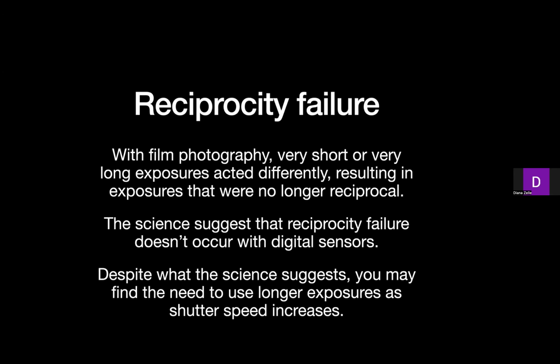So if you start using longer exposures and you say, okay, I did a 10-second exposure and I want it to be brighter by a half stop, logic dictates that a 15-second exposure is going to do that. Be aware, you might find it takes 20 seconds instead of 10, or 25 seconds instead of 15.